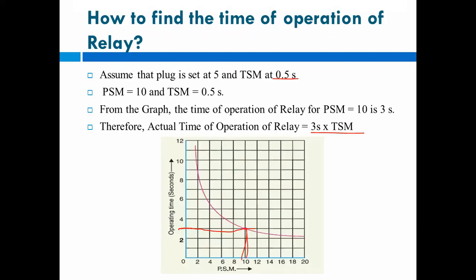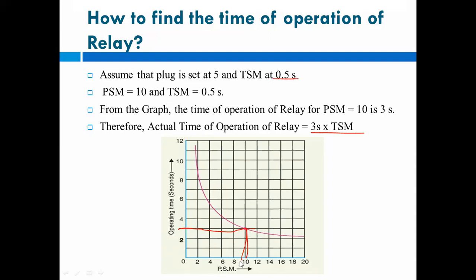The next point is how to find the time of operation of the relay. Here the characteristic is given between the operating time and the plug setting multiplier.